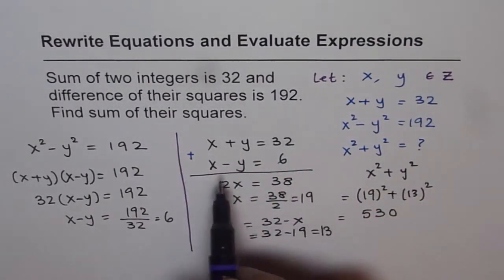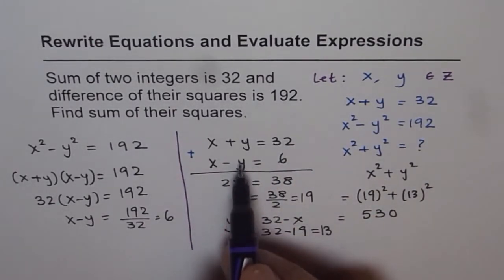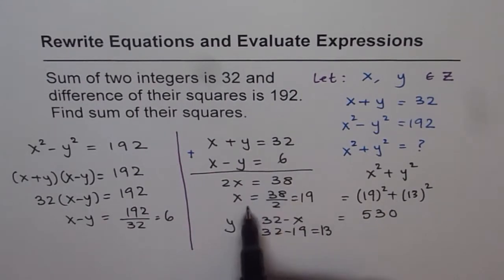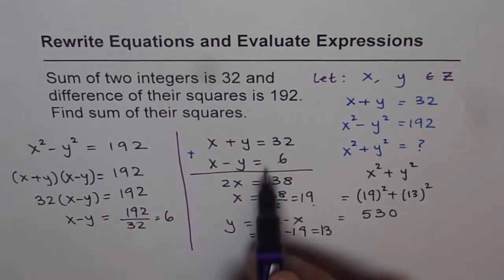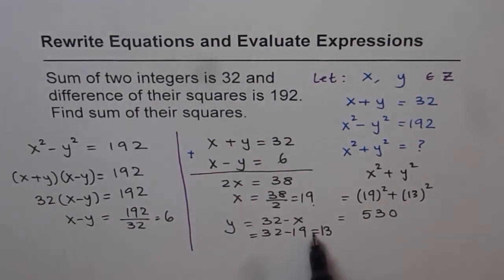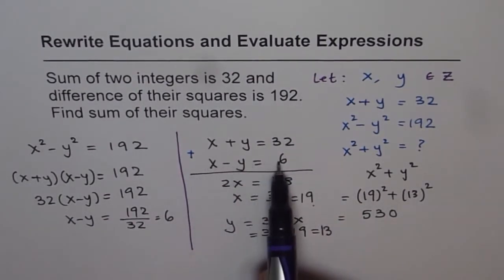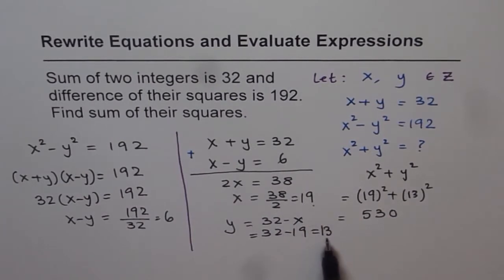When you add these two, you get 2x, y minus y is 0, 38, from where we got x. And using one of these equations, you could find y, as x minus 6, which will give us 13.